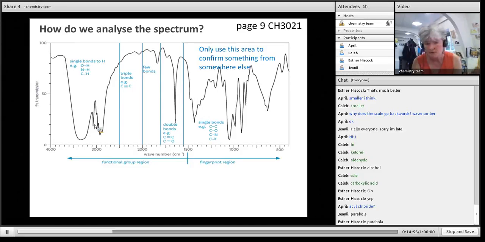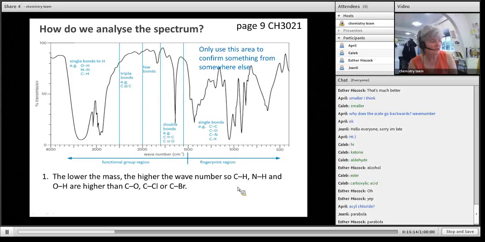Now, if you're feeling blank and saying, how do you know that? Don't worry. As I say, you get given the table, and you would be looking at the peaks down here, and then you would look at your table to see what would correspond. I just know it off by heart because I've done it for a number of years now. So the lower the mass, the higher the wave number.